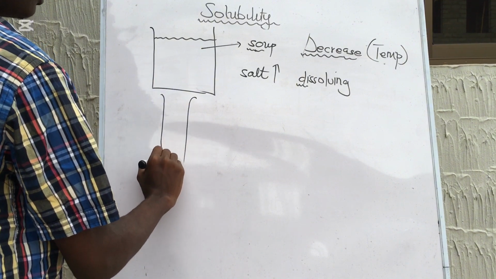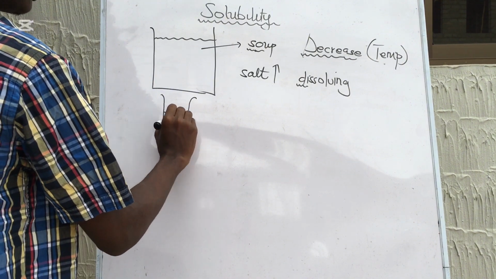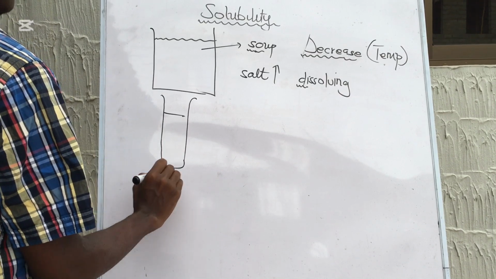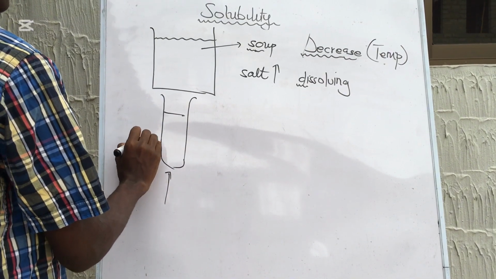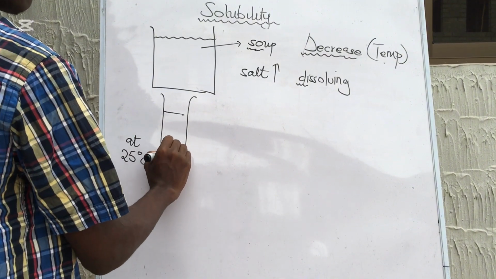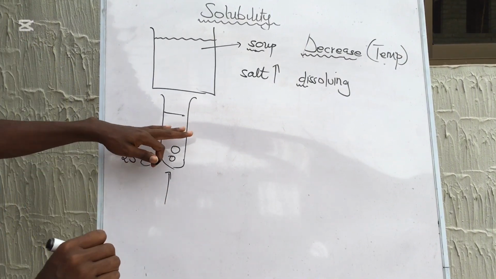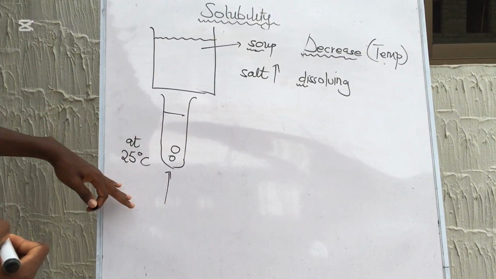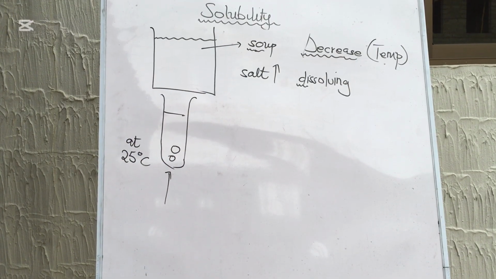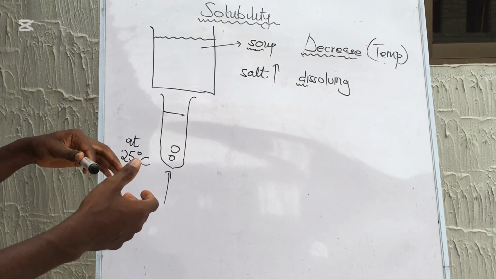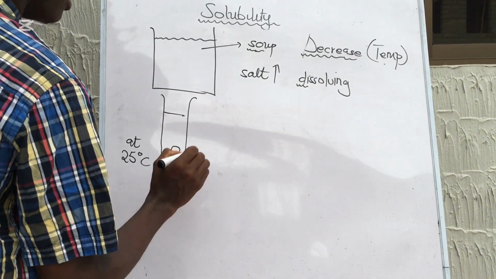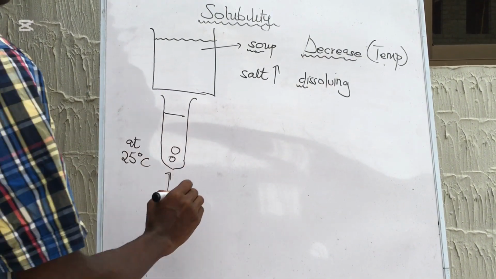You can take a test tube. If you have a test tube with water at a specific temperature, let's say 25 degrees Celsius, then if you add some amount of salt, this salt is going to dissolve. If you continue adding it to a point where you can't add extra salt to it, then at this point we are saying that this solution is saturated.